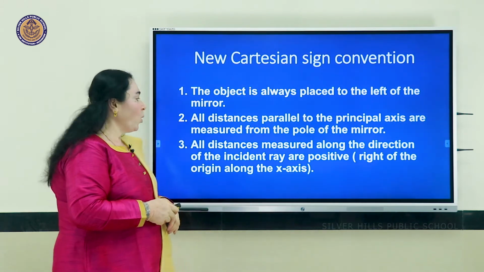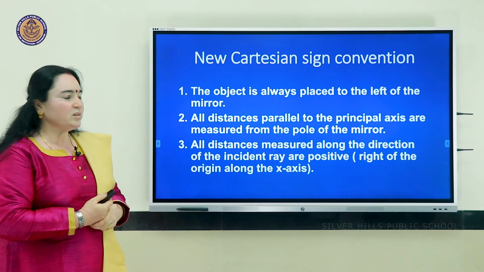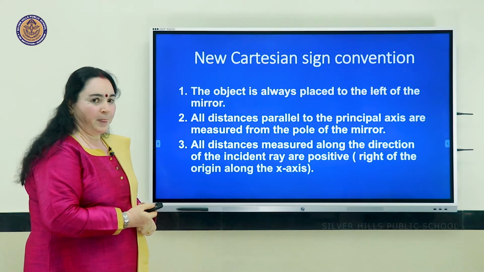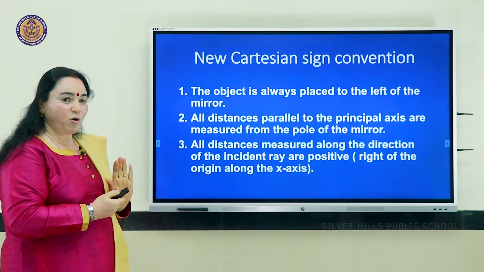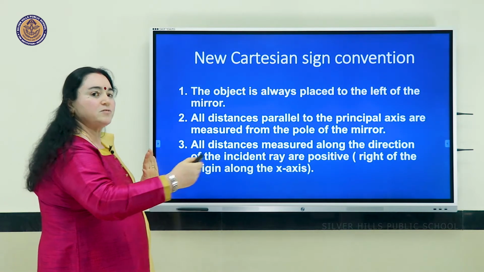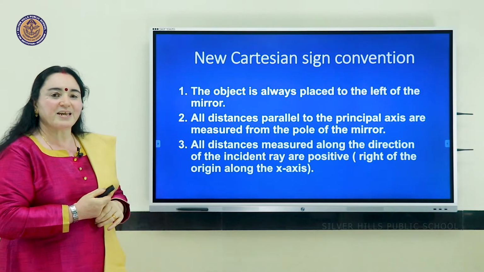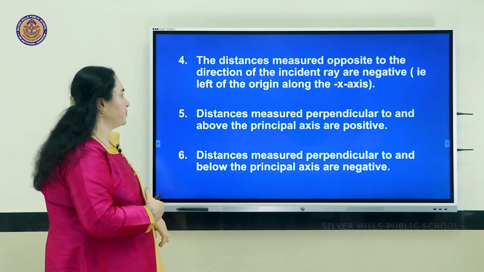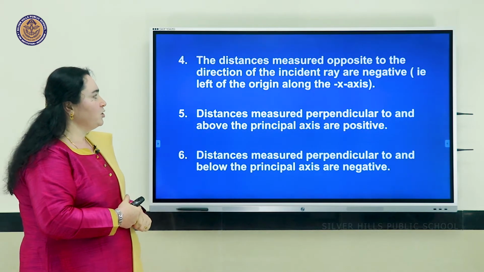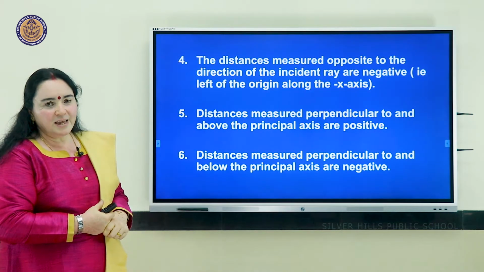Third, all distances measured along the direction of the incident ray are positive. That is, if you're thinking in terms of a graph paper, anything that is measured toward the positive quadrant should always be taken as a positive value. Fourth, the distances measured opposite to the direction of the incident ray are negative.